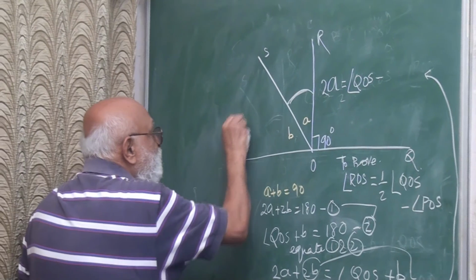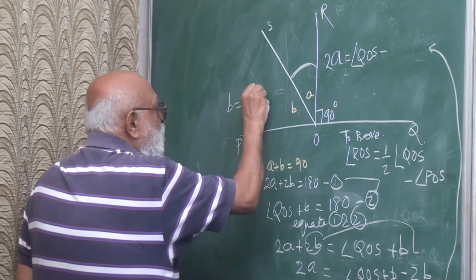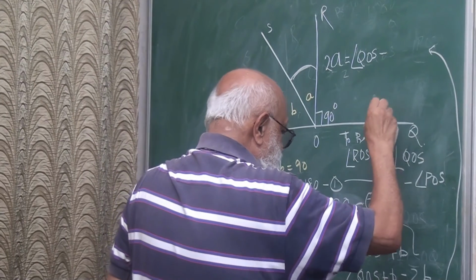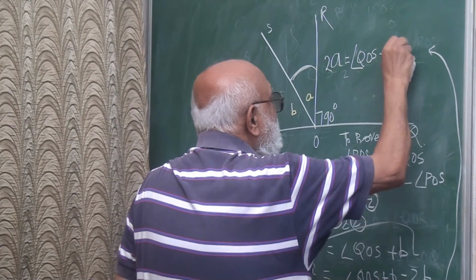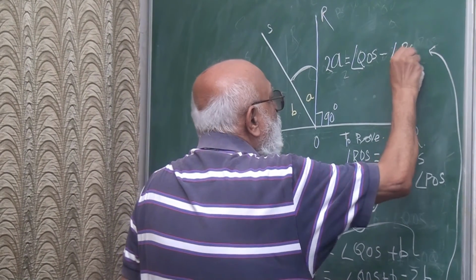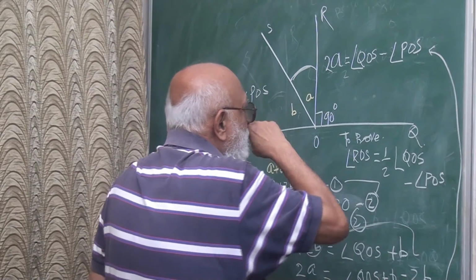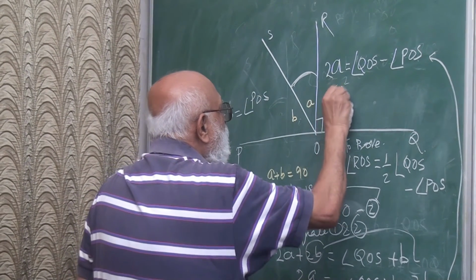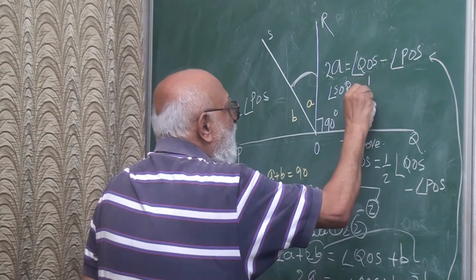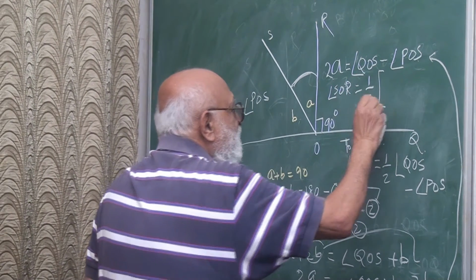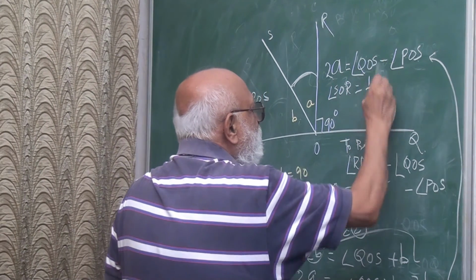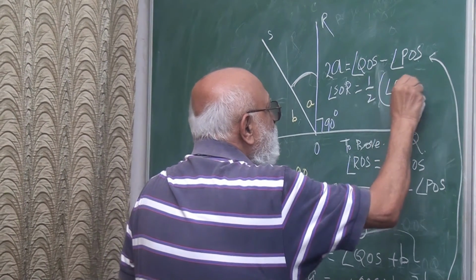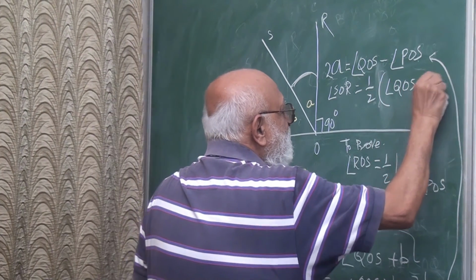B is equal to angle POS. So let us put it down here, equal to angle QOS minus angle POS. Therefore A means what? Angle SOR equal to half of angle, I must put it within a bracket because half has to be taken into account, QOS minus angle POS.